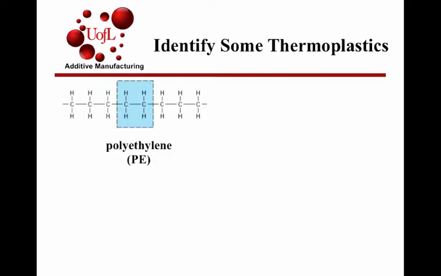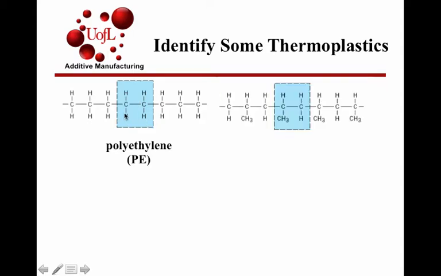Let's try to identify some of these thermoplastics. So we first saw polyethylene as 2 carbon atoms surrounded by 4 hydrogen atoms. If you replace one of those hydrogen atoms by this group over here, CH3, which is also referred to as a methyl group in organic chemistry, if you remember, then you have the repeat unit as propylene and the polymer as polypropylene.